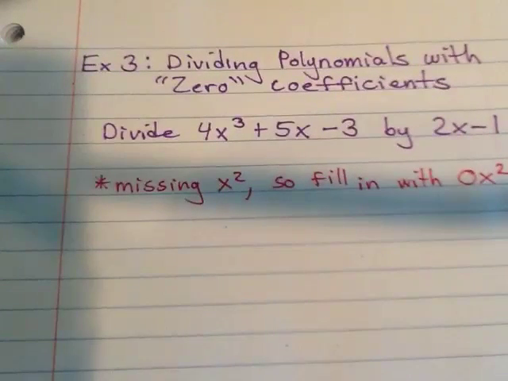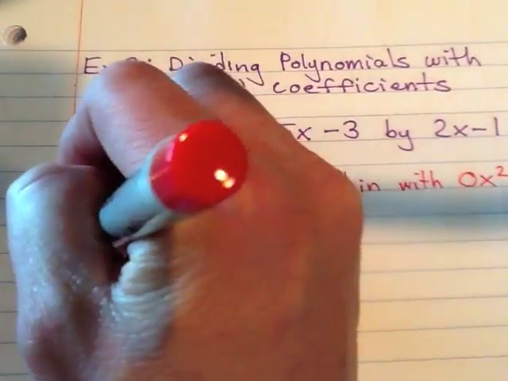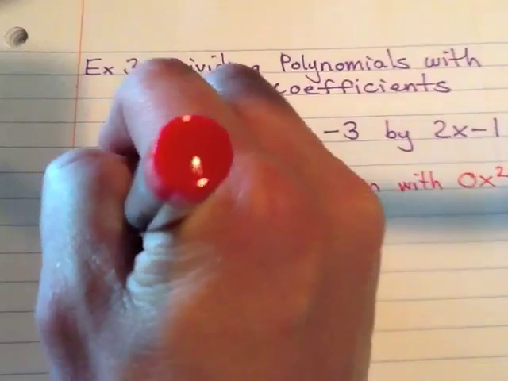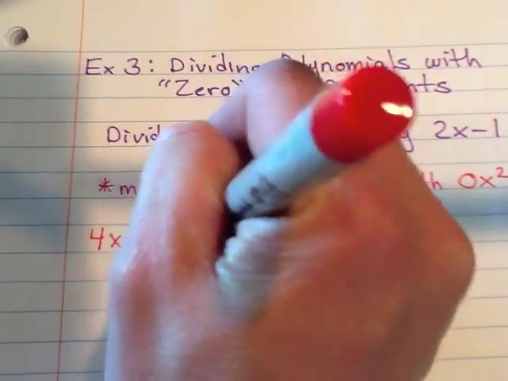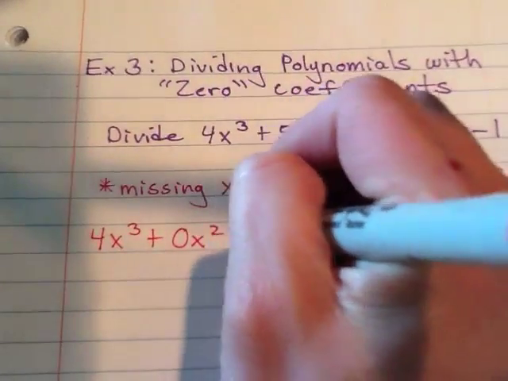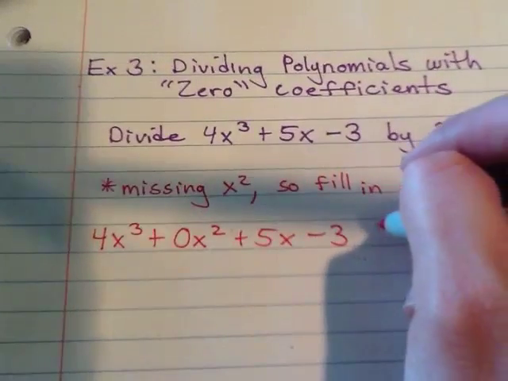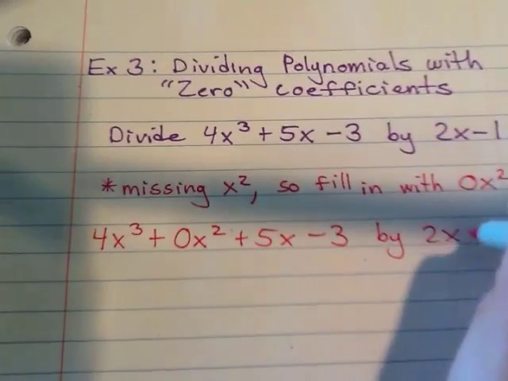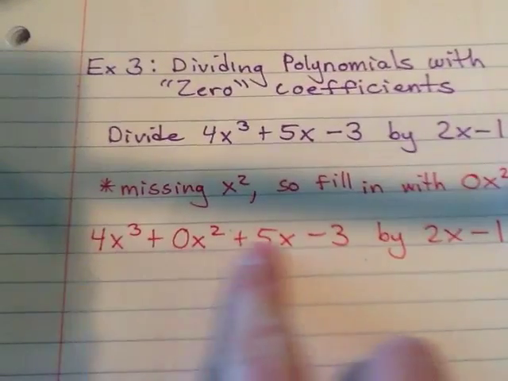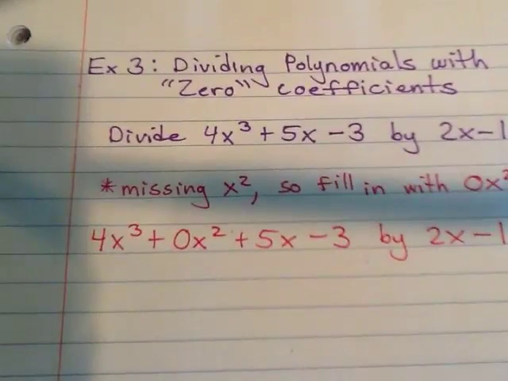It'd be like adding zeros after your decimal. It doesn't really change it. They're just there. So now I'm going to rewrite it: 4x cubed plus 0x squared plus 5x minus 3 by 2x minus 1. And that's the problem I'm actually going to use for my division.